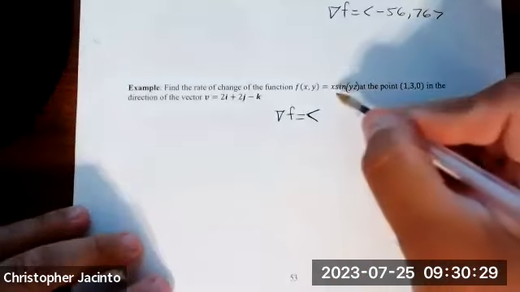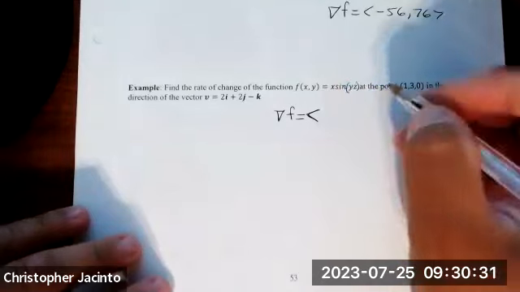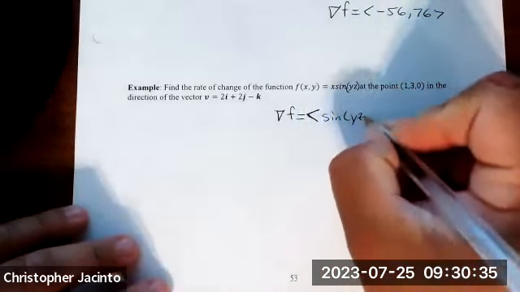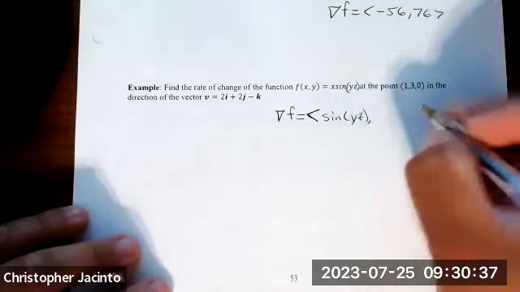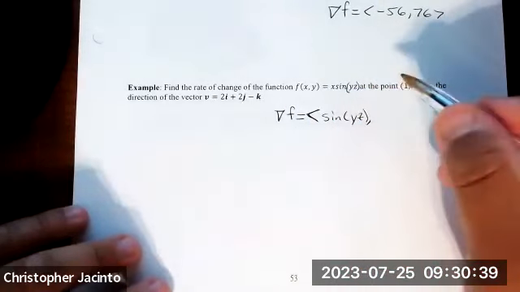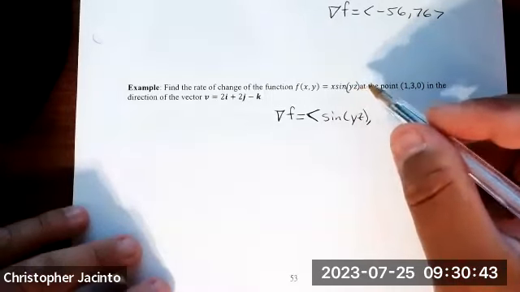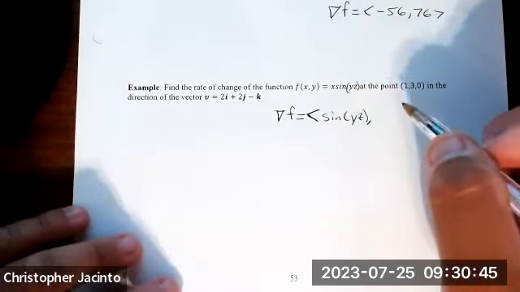First, with respect to x only, it's just going to be all of this. Next is with respect to y. Remember, this is actually a chain rule problem: derivative of the inside times the derivative of the outside.